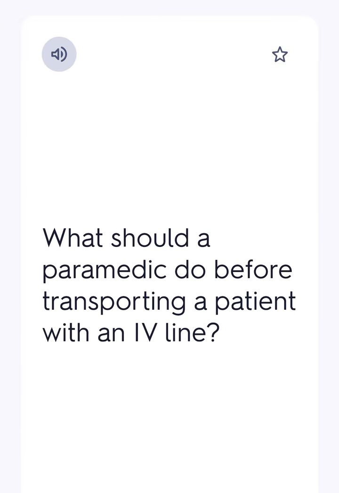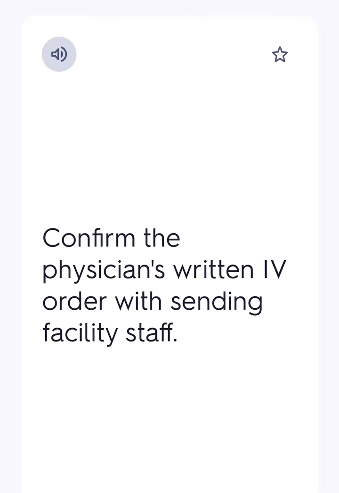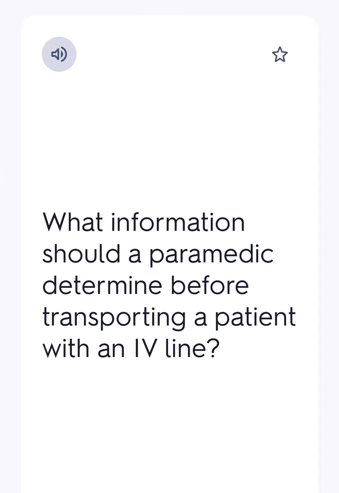What should a paramedic do before transporting a patient with an IV line? Confirm the physician's written IV order with sending facility staff. What information should a paramedic determine before transporting a patient with an IV line?